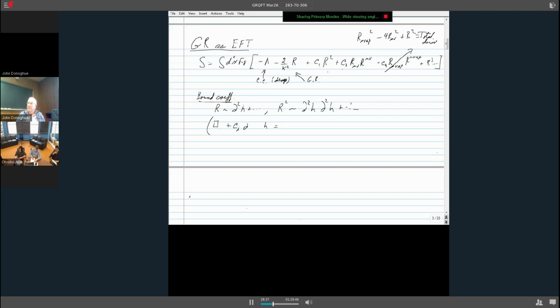the equations of motion would look like box h, which is the piece that we had before, weak field limit. And then the second term would be terms that would look like one of these coefficients and four derivatives. Various terms.